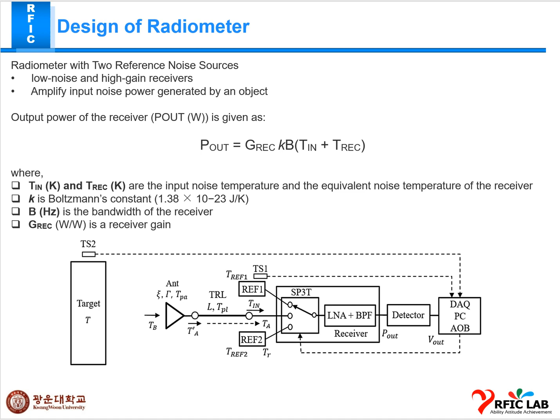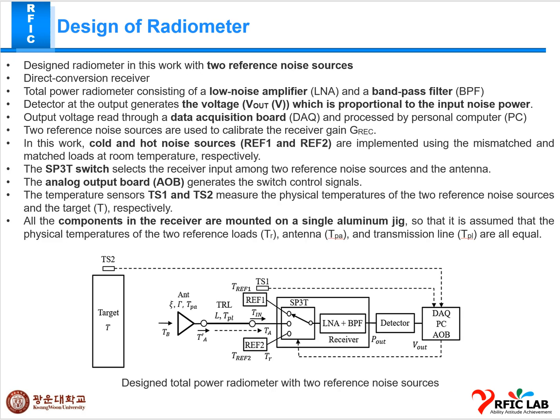I'm going to explain this diagram in this slide step by step. Everything I have mentioned in the PPT also, and it's easy to understand. First of all, this radiometer is designed with two reference noise sources, and it has a direct conversion receiver.